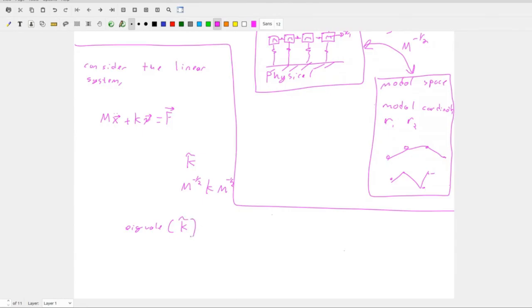We could do that in MATLAB. So this works. The challenge here becomes scaling of your matrices. This is a simplification, so we're going to drop the simplification and just solve the generalized eigenvalue problem.